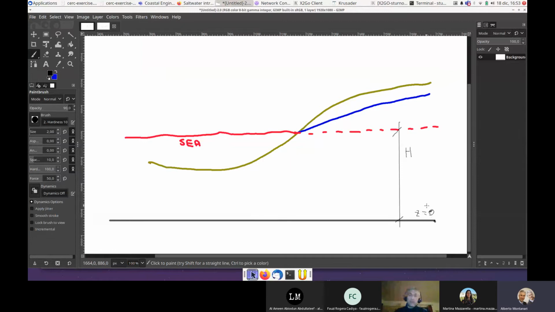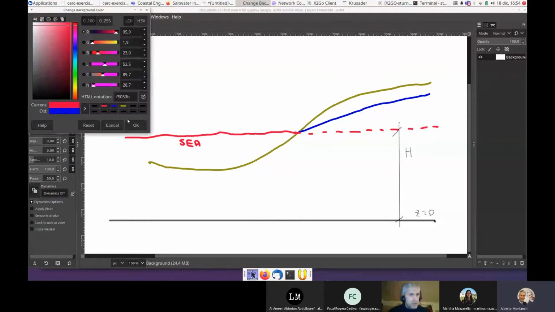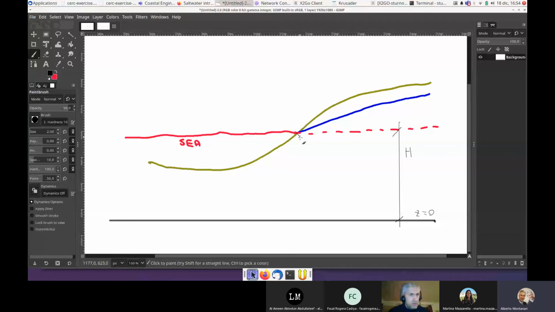Okay, reference plane, arbitrary reference plane. And now let me consider a certain separation between salt water and fresh water. Let's put here red again. So let's suppose that we have a wedge like this.